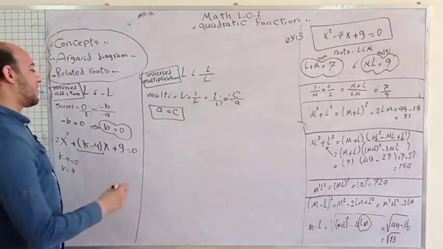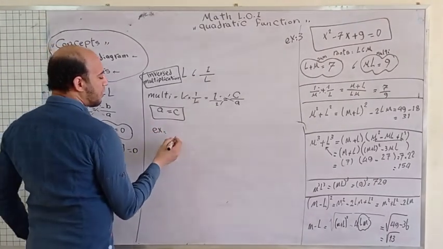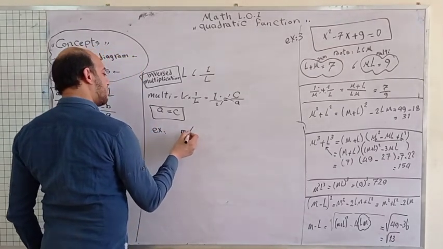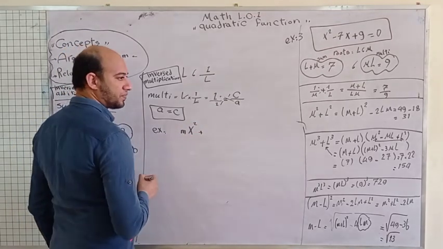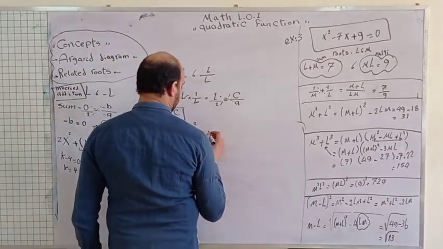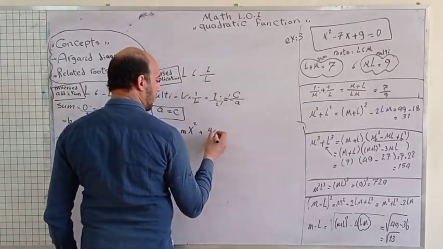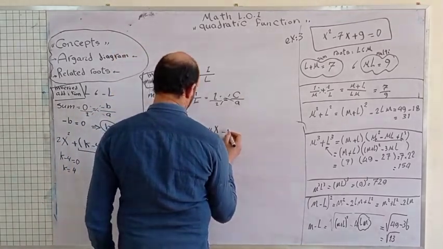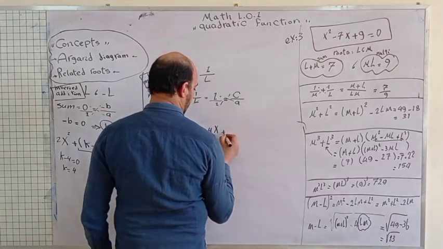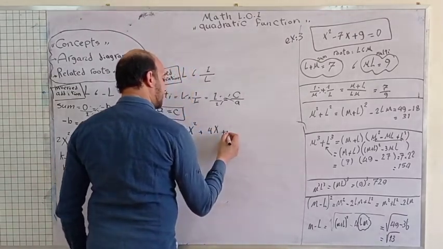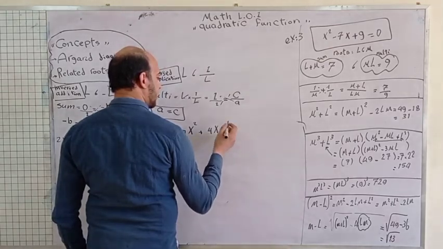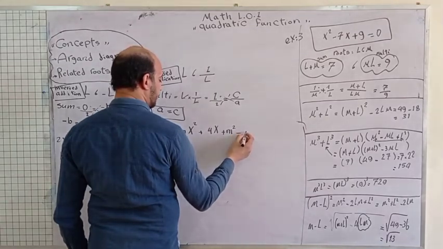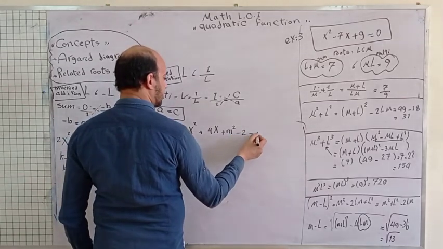Now, we will have an example. If you have mx squared plus 4x plus m squared minus 2 equals 0.